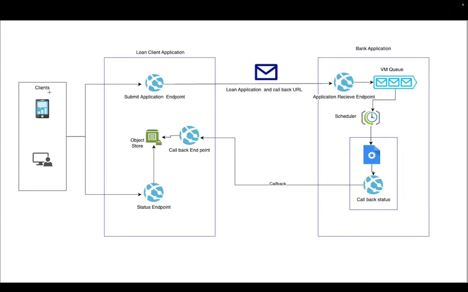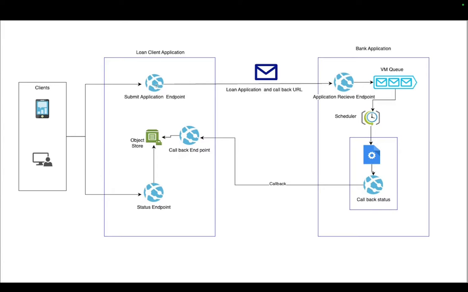Usually the clients who want to apply for a loan log into the loan client application and submit the application. The application contains the monthly income of the applicant and the loan amount expected. Those details are sent to the loan submit application endpoint.